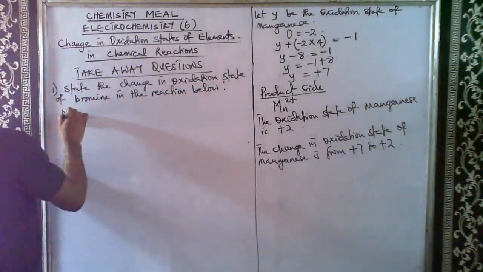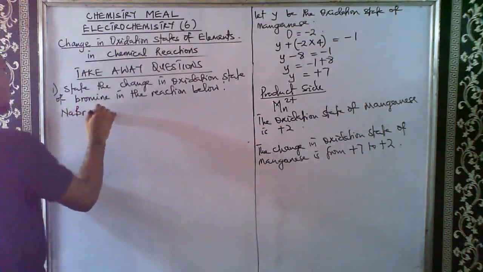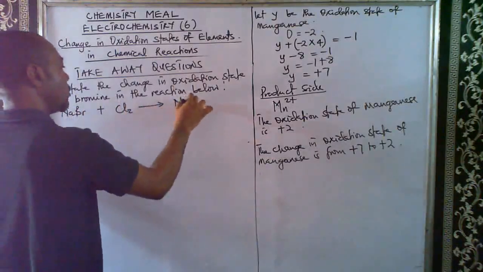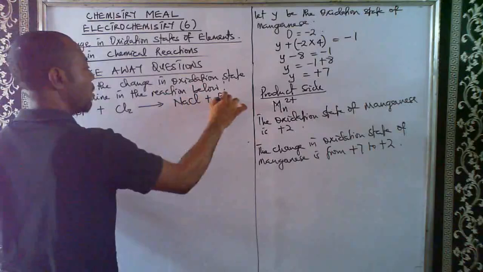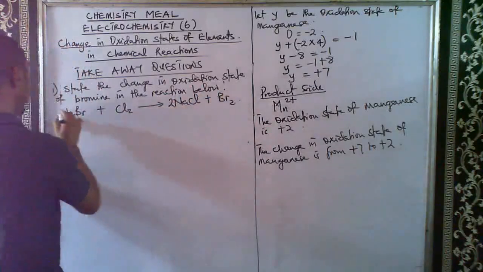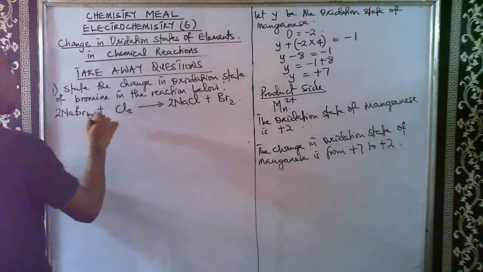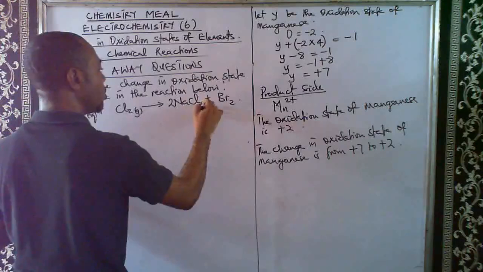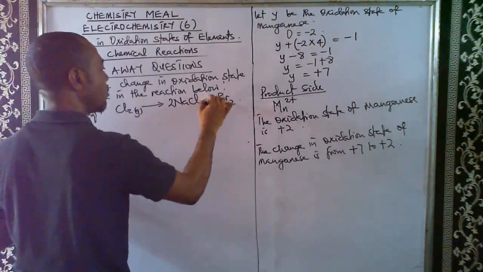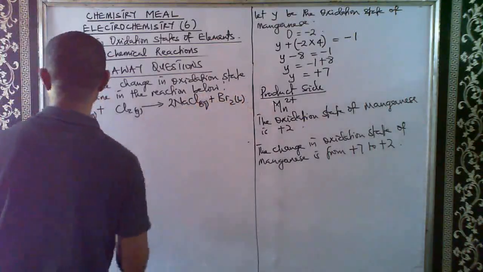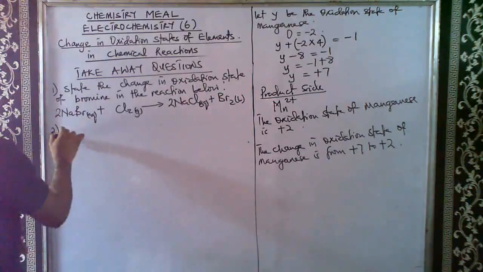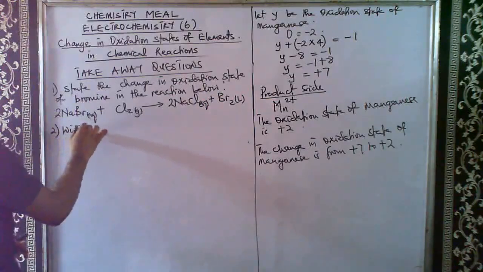So we have sodium bromide reacting with chlorine, giving me sodium chloride and bromine. So if we balance this, we have the gaseous one, and this is a liquid at room temperature. So we have that.